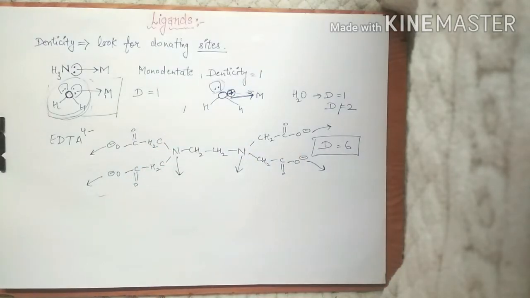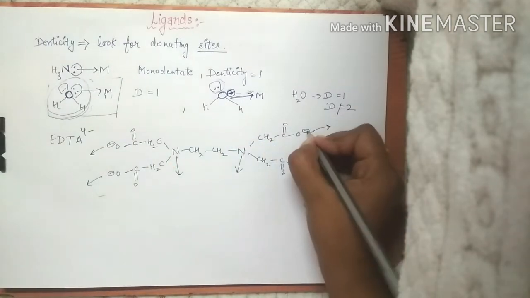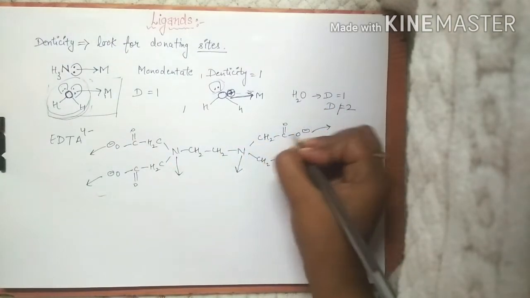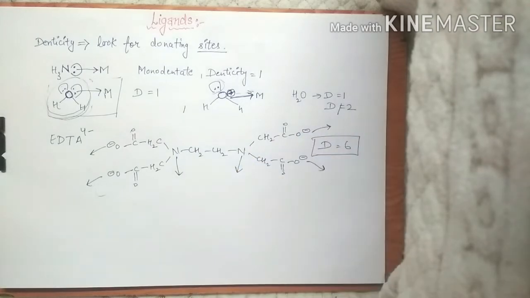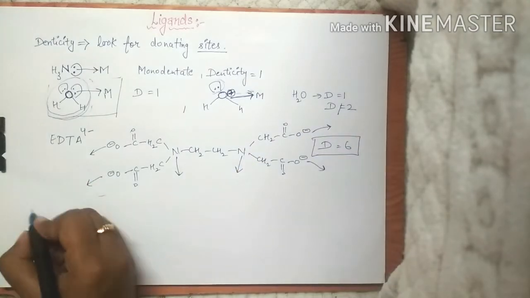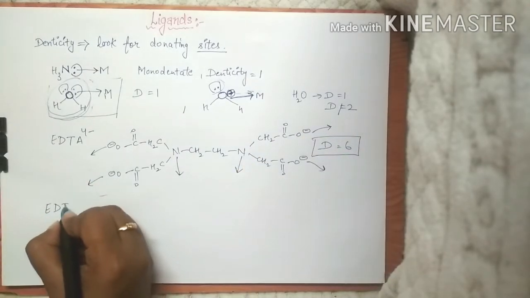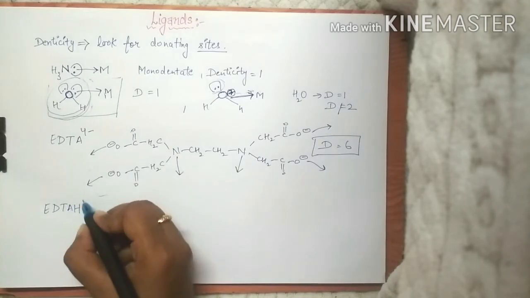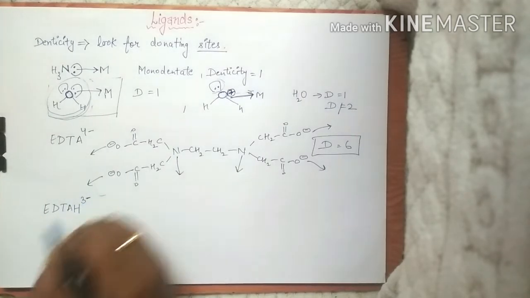But now I want to discuss something with you: what if I block one of the sites, that is, if I protonate one of the sites. For example, EDTA which is protonated by 1 H. Now it will have 3 negative charge.